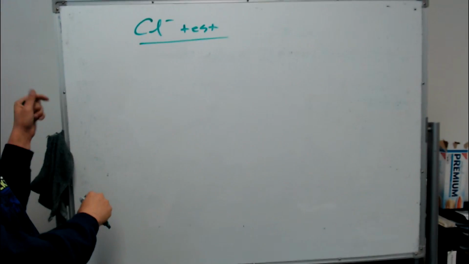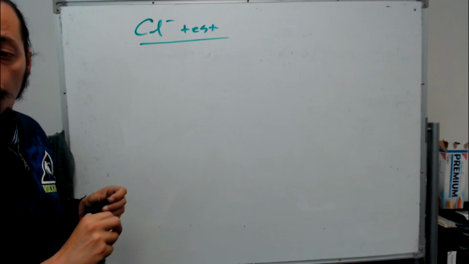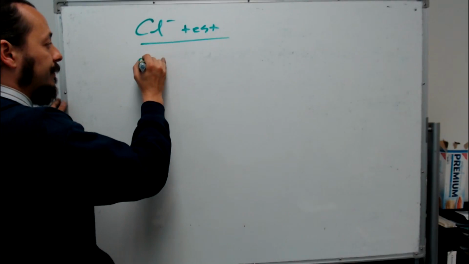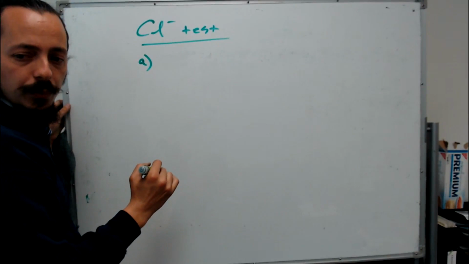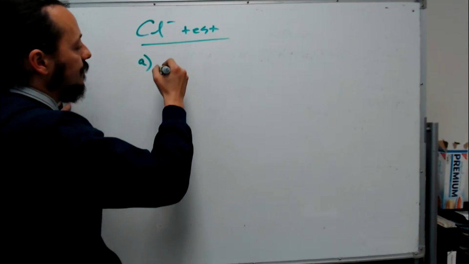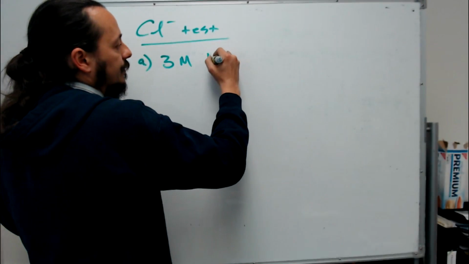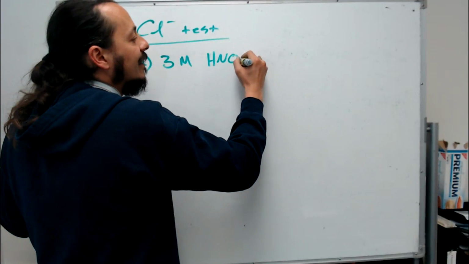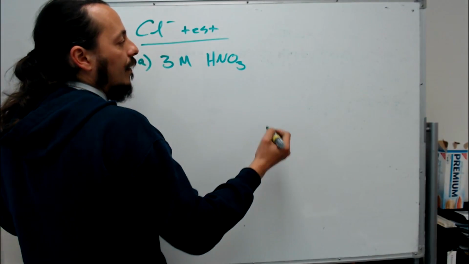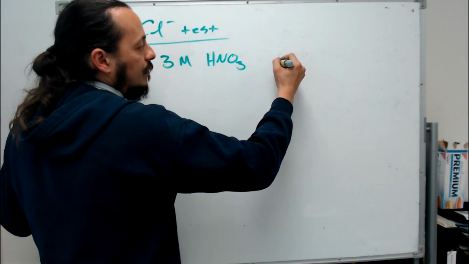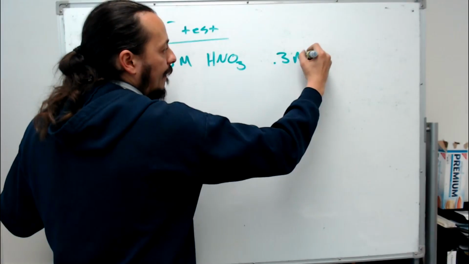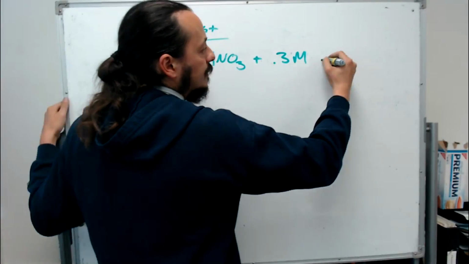Obviously, we want to test for chlorine. What do we do in part A? Just what do we add? 3 molar HNO3. And 1 drop of 0.3 molar silver nitrate.